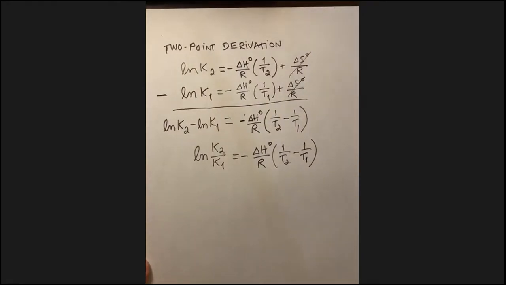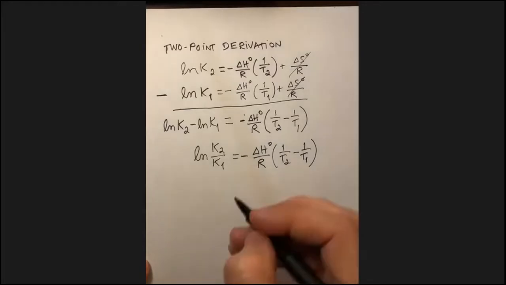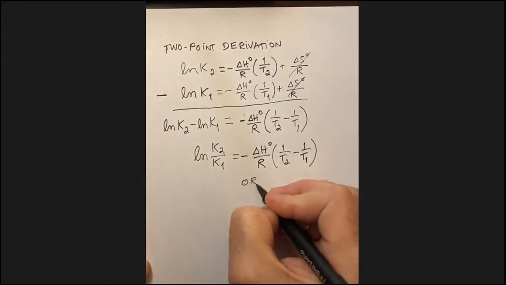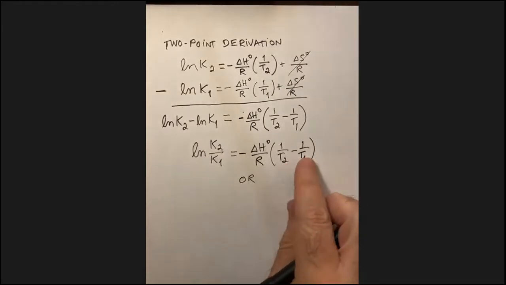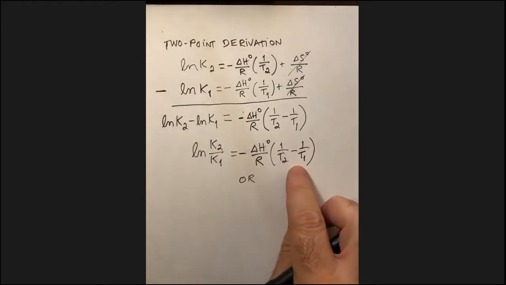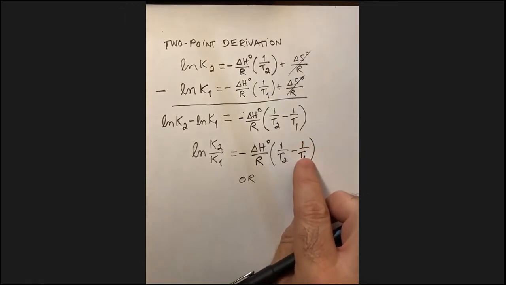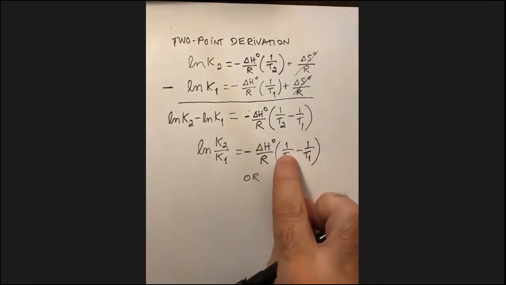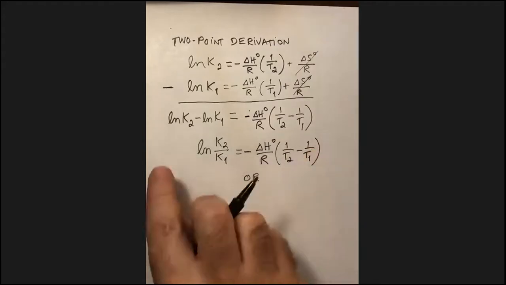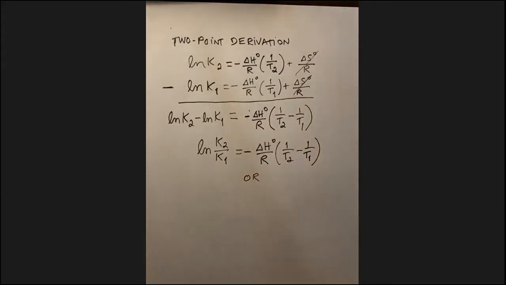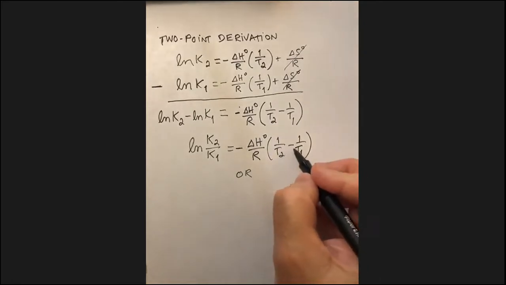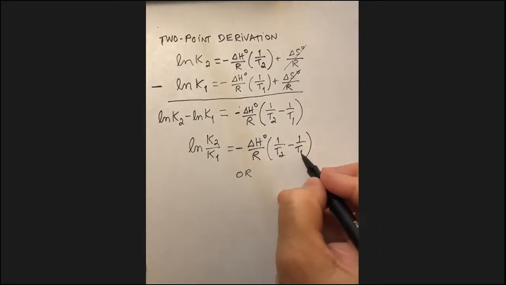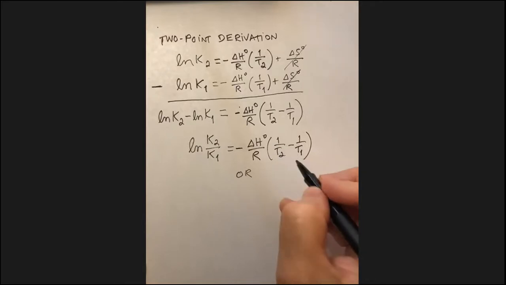In some cases, it's difficult to do reciprocals like this. For example, in my calculator, I would have to do this, put it in memory, then do this one, then subtract that, and then continue the rest, which is kind of annoying. So you can actually convert this algebraically, because the way you would subtract these is by finding a common denominator, which would be the product of these terms.